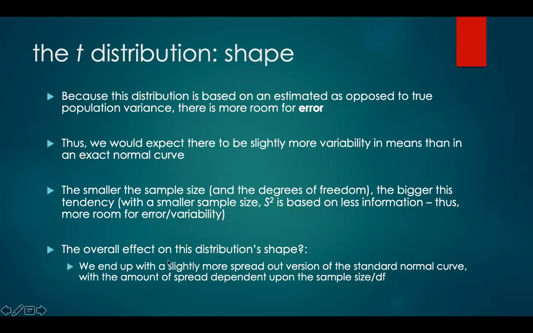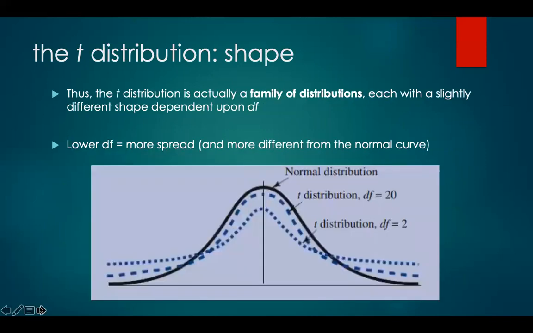So the overall effect on the distribution's shape is that we end up with a slightly more spread out version of the standard normal curve, with the amount of spread dependent on the sample size, or in other words, the degrees of freedom, sample size minus 1. And you can see that visually here. With lower df, it's more spread out and more different from the normal curve.